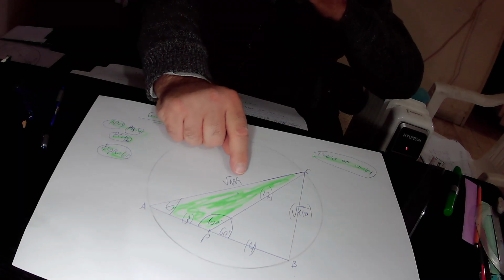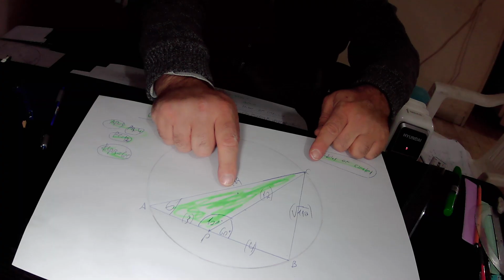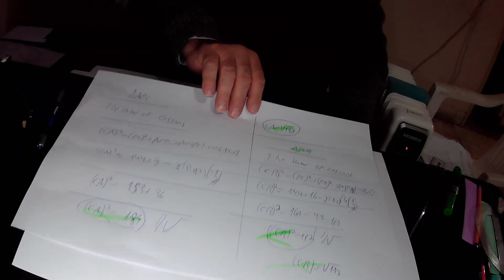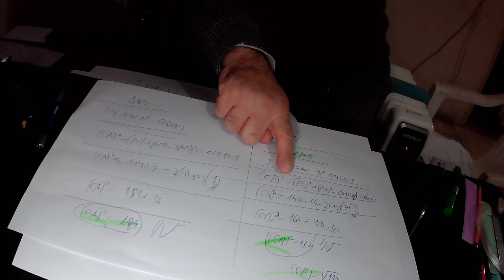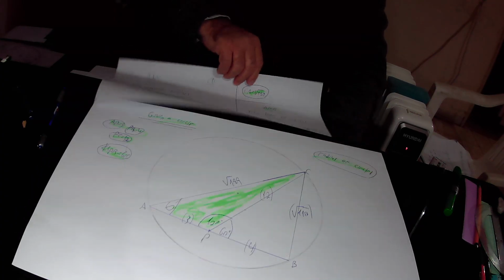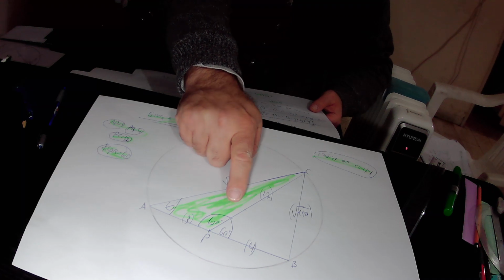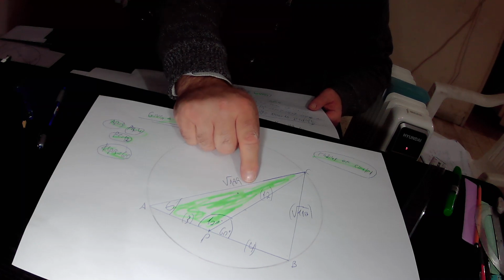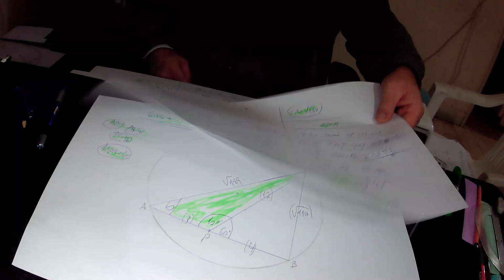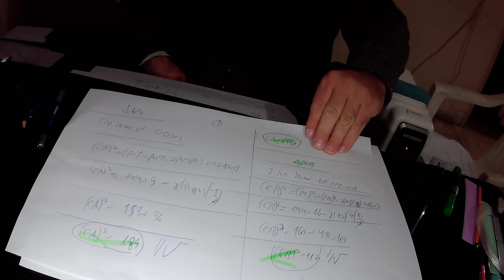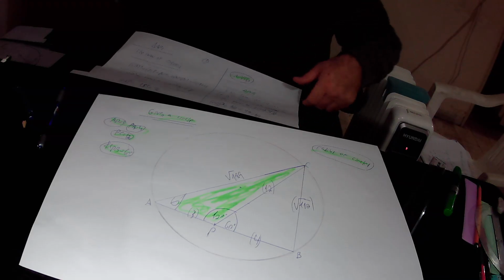So in total, CB squared equals 144 plus 16, minus 2 times PC, that is 12, times PB, that is 4, times cosine 60 degrees. Cosine 60 degrees is 1 half.